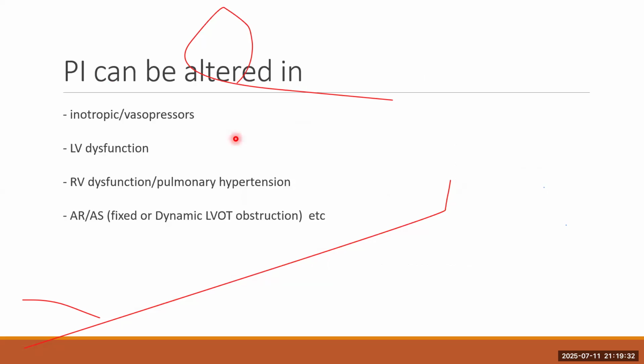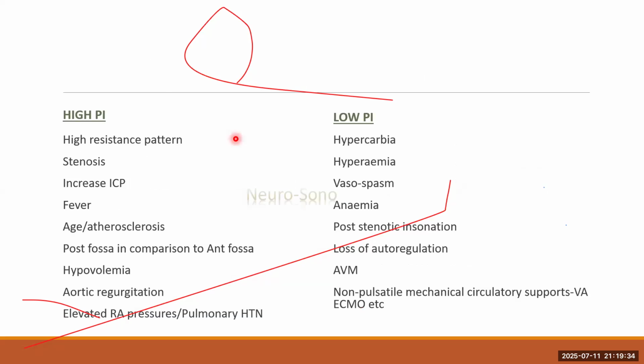I was wondering, because with traumatic brain injury there could be hyperemia. But the nursing officer who collected the ABG came with the result saying that PCO2 is 70. I'll put that slide in the group. It was 70, and then we started ventilating the patient appropriately, and after maybe 1.5 hours, the velocities came down. So PCO2 has a very good influence, and we need to keep this in mind.